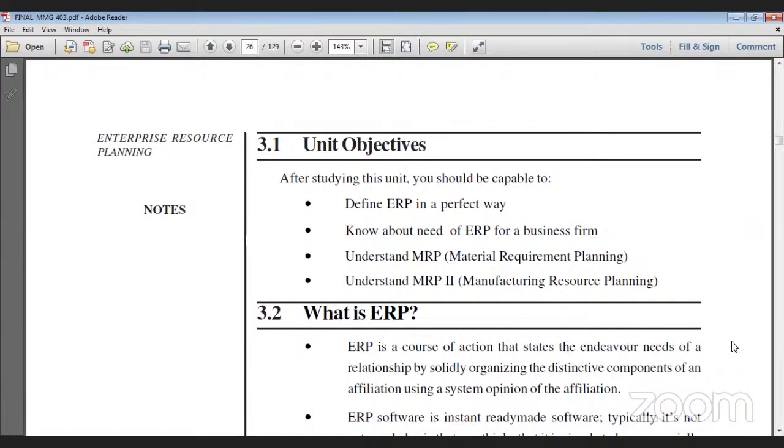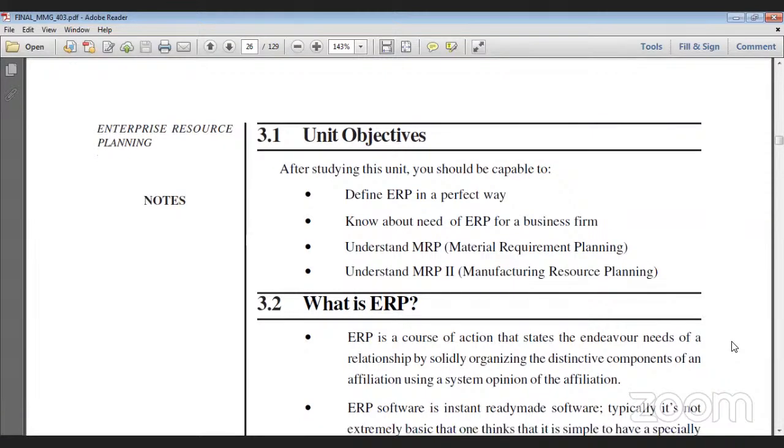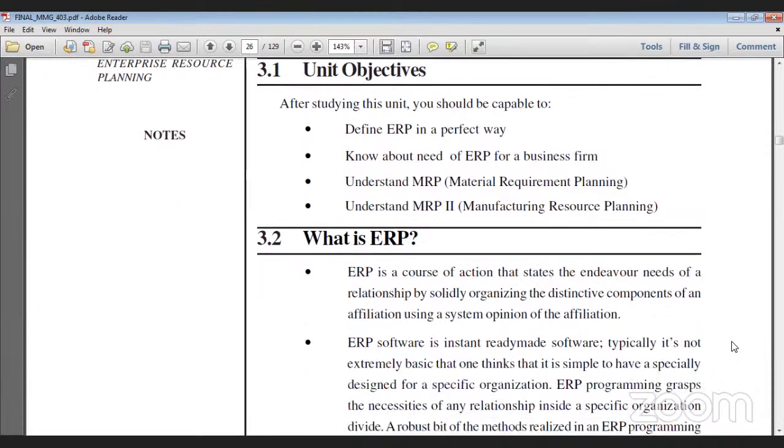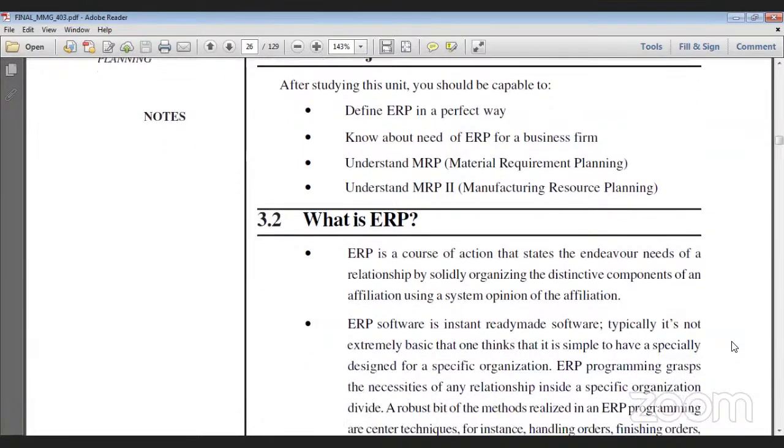What is ERP here? It is a course of action that states the enduring needs of the organization by integrating the distinctive components of an organization using system, opinion, and affiliation. Then ERP software is ready-made software.